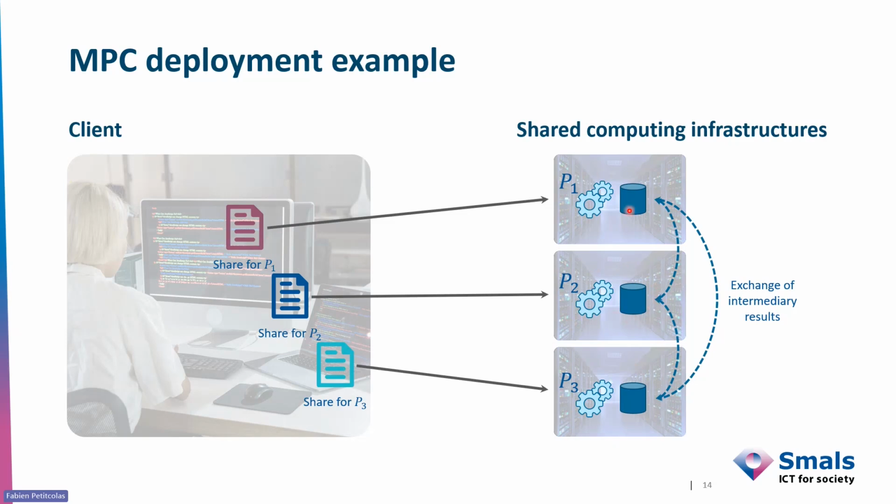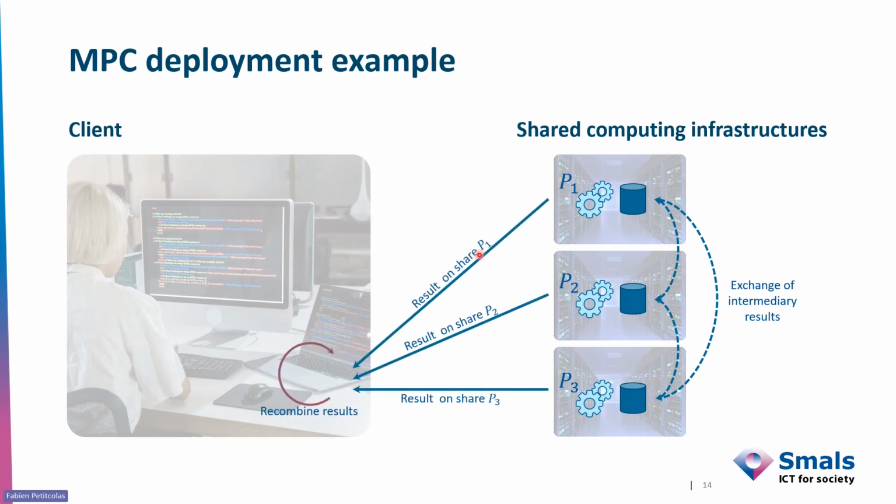And these providers then start applying the algorithm I mentioned earlier to do the computation on the individual shares. And when they're done with that, they can return the partial result to the client. So that's what we have here, partial result on the first share, on the second share, and third share, and the client can recombine the results to get the final result of the computation.